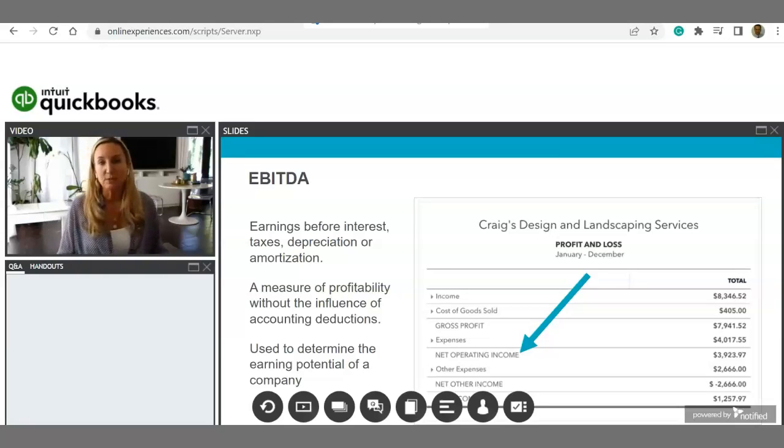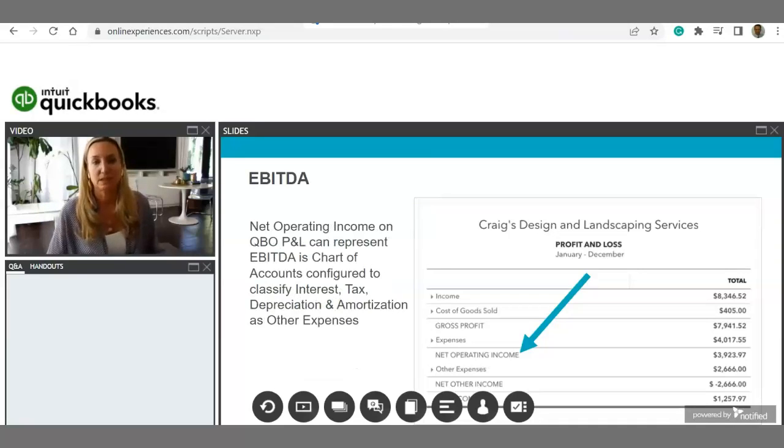It measures the profitability of the company without the influence of accounting deductions. So if the business has organized its chart of accounts with interest, tax, depreciation, amortization as other expenses, then that net operating income line will be your EBITDA.